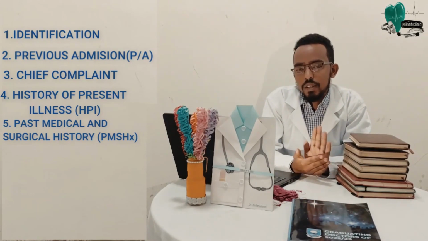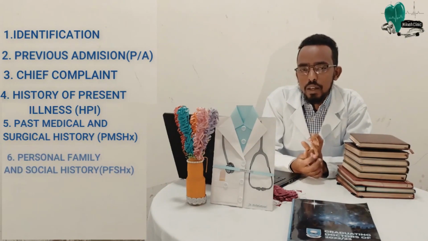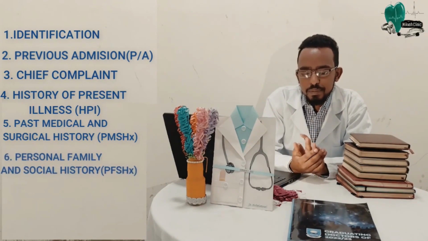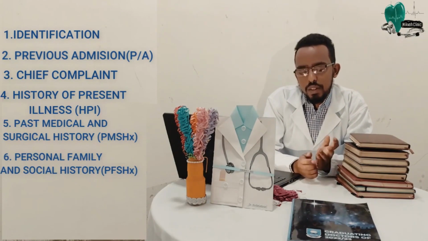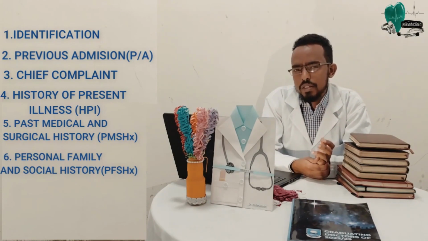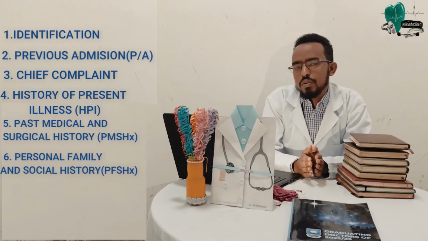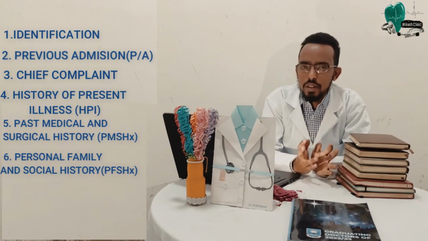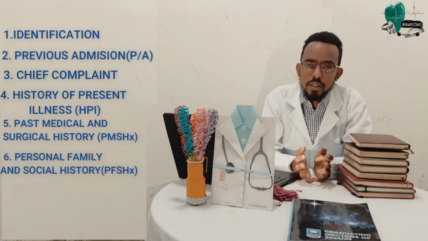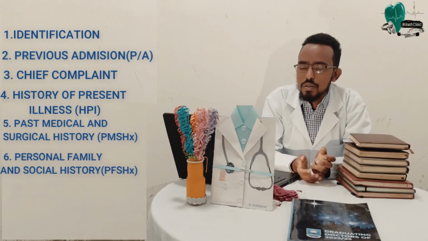After assessing this part, we will proceed with the family, social, and personal history of the patient. As we know, there are different family diseases, so we can reach the diagnosis by assessing the presence of those illnesses within the family. So we may consider them in our differential diagnosis.